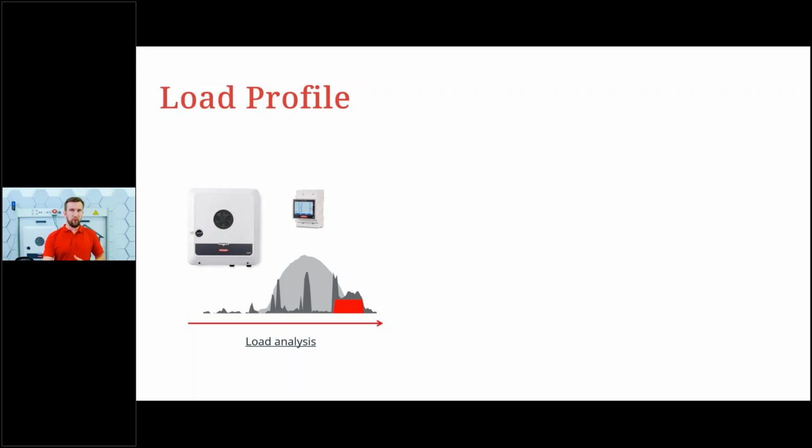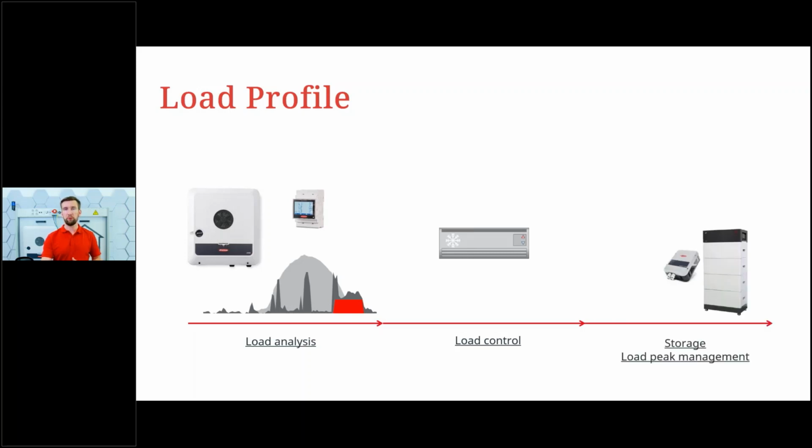Having decided which loads we want to switch, in this case our air conditioning system, we can therefore shift that switching period into a production period. Having done that, the further optimization would then be a third step, namely to store energy for peak consumption in form of a battery or in heat in a buffer.